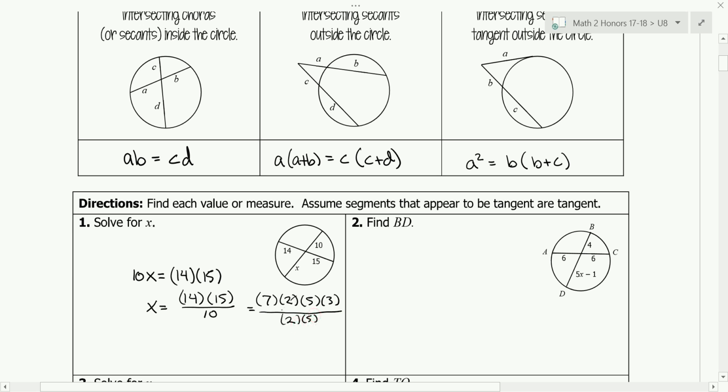So we can divide top and bottom by 2 and by 5. And we end up with 21 as an answer for x. Okay. So that's an application of the intersecting chords.